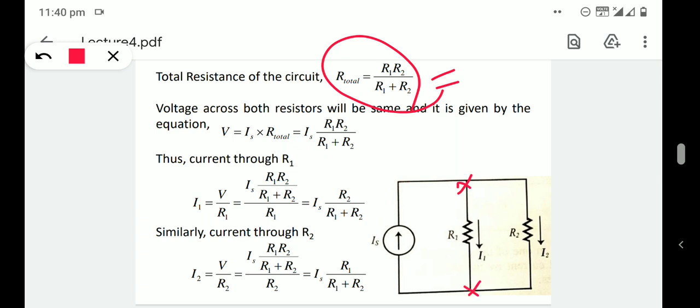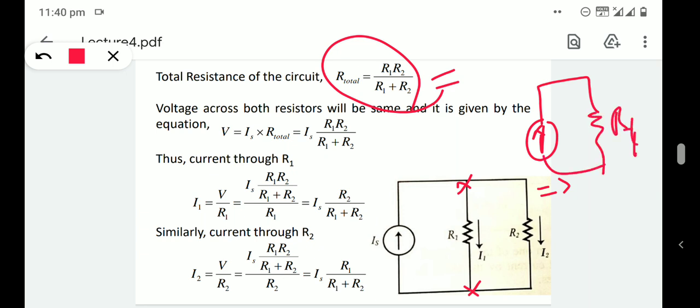By finding the equivalent resistance as R total, this circuit becomes a current source and a resistance of R total. Okay, R total. So this current is Is. From this we can find the voltage across this total resistance RT as V equal to Is into R total.